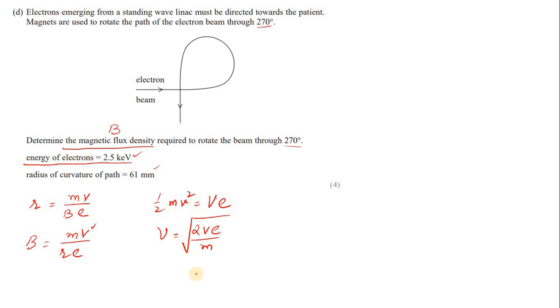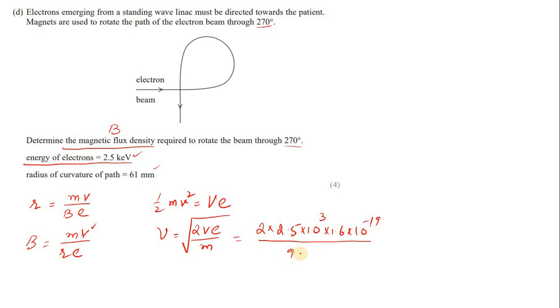And if you put in all the numbers, we have 2, V is the voltage, and voltage is 2.5 into 10 to the power 3 electron volt, and 1.6 10 to the power minus 19, this is joule, and divided by mass.